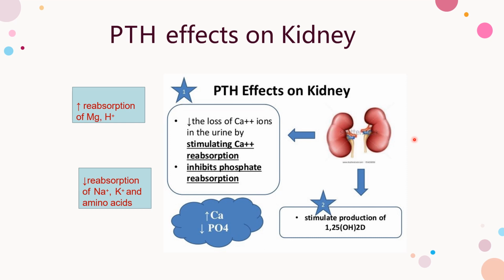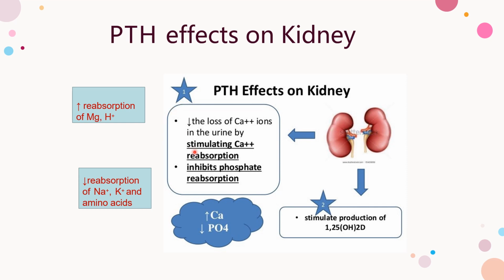And now the effect of parathyroid hormone on kidney. Parathyroid hormone has three primary effects on the kidney. The parathyroid receptors are present on the basolateral membranes of proximal and distal tubules. Through those receptors, parathyroid hormone acts on the kidney cells and then shows its effects.